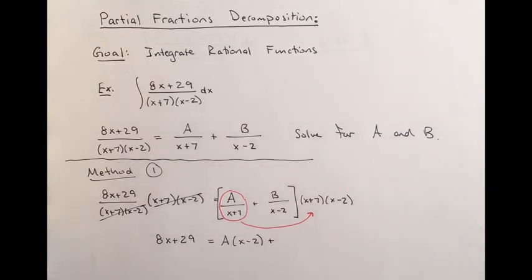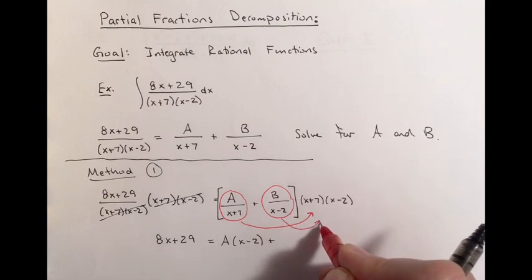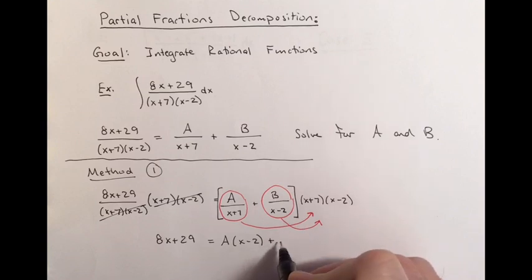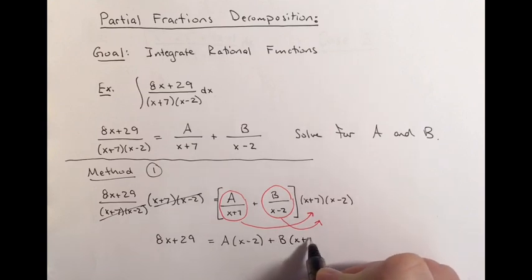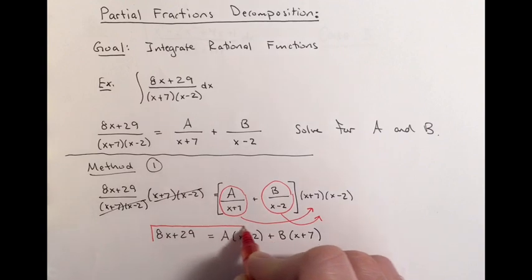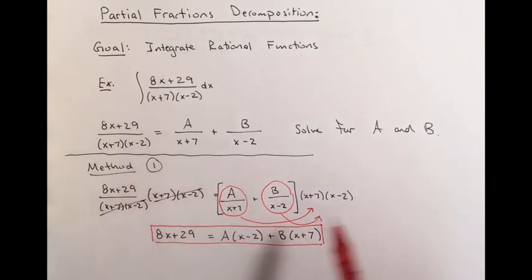In the second term, we take b over x minus 2, and again, we multiply, and this time the x minus 2's cancel out, and we just have b times x plus 7. And that's the first step. Getting to this equation is where you now choose to use either method 1 or method 2, or maybe mix the 2 together. This is our main equation that we'll be working with.